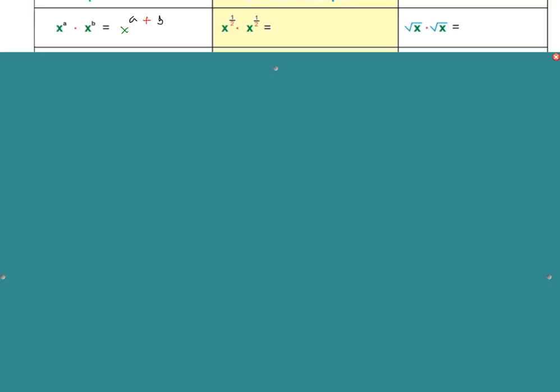Right, X to the A times X to the B equals X to the A plus B. Okay, so the second example, we have this in fractional form. But again, it's the same situation. I'm not going to use all the color because it just gets to be a pain. But now you're adding up the half and the half, right?